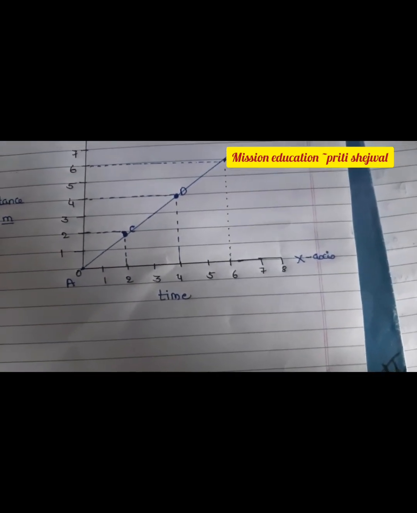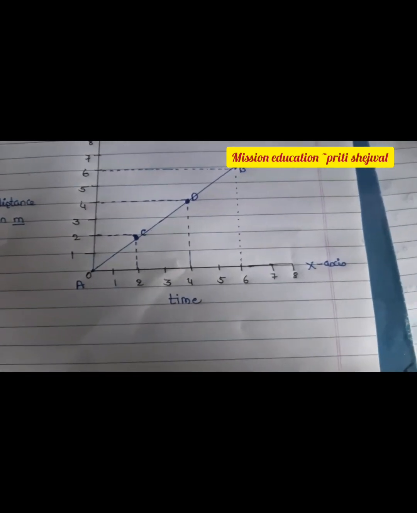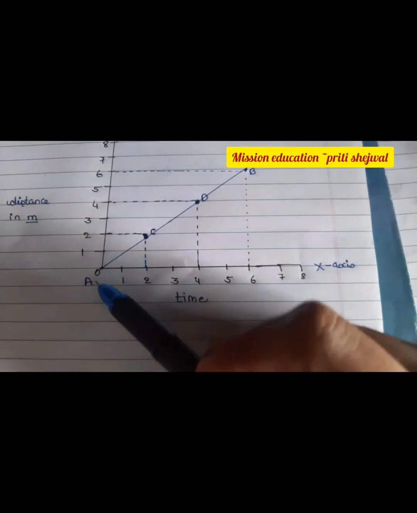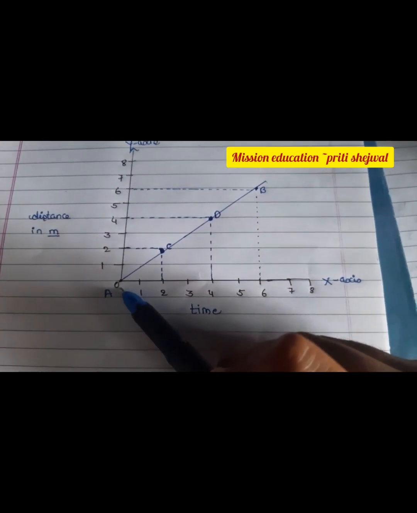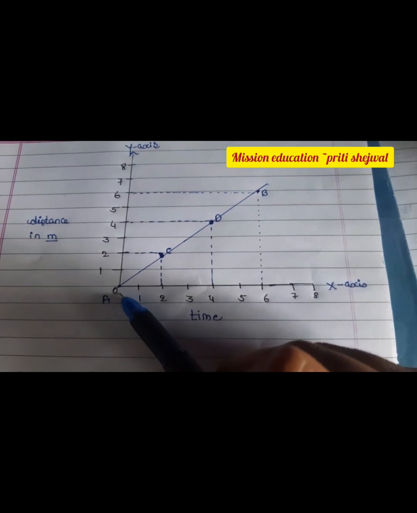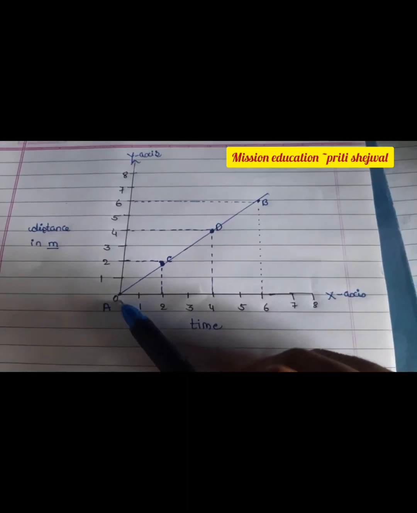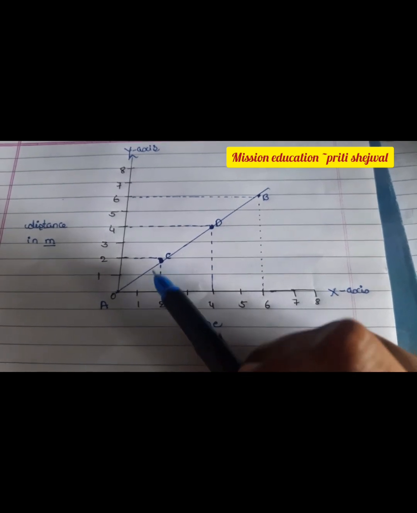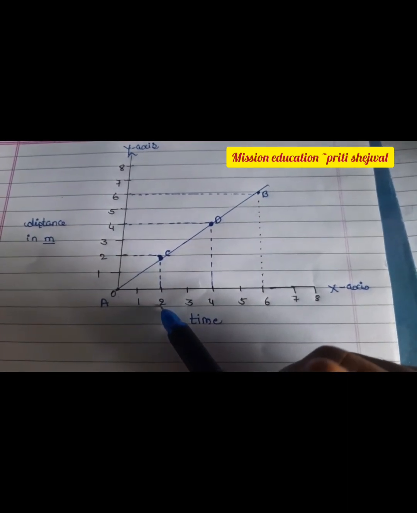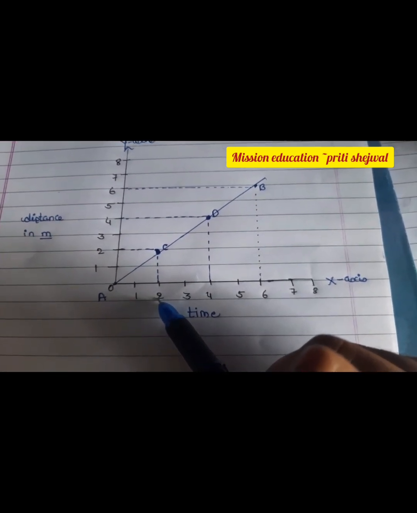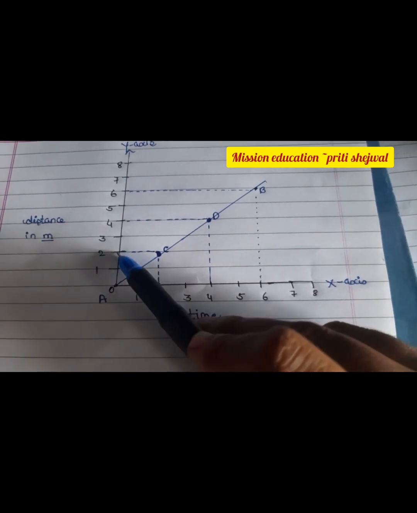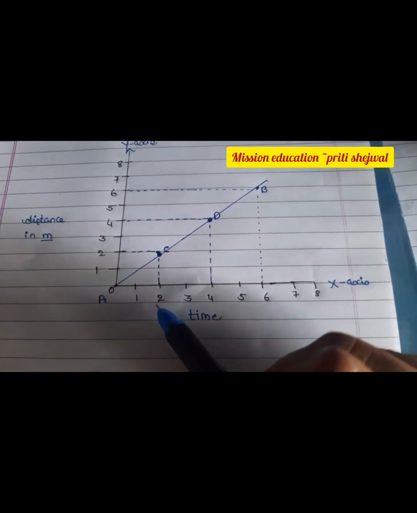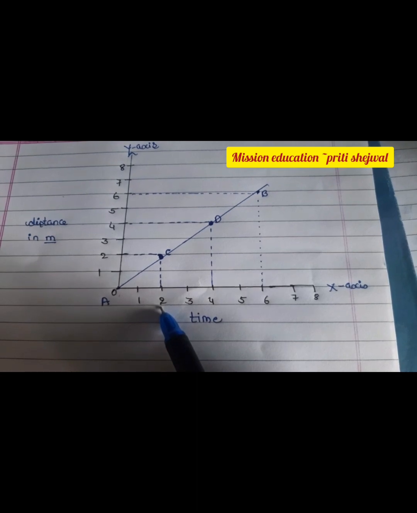We'll take this point as A, the starting point. From A to C, time required is 2 seconds and distance covered is 2 meter. On the y-axis we'll locate 2 and on the x-axis we are going to locate 2 also.